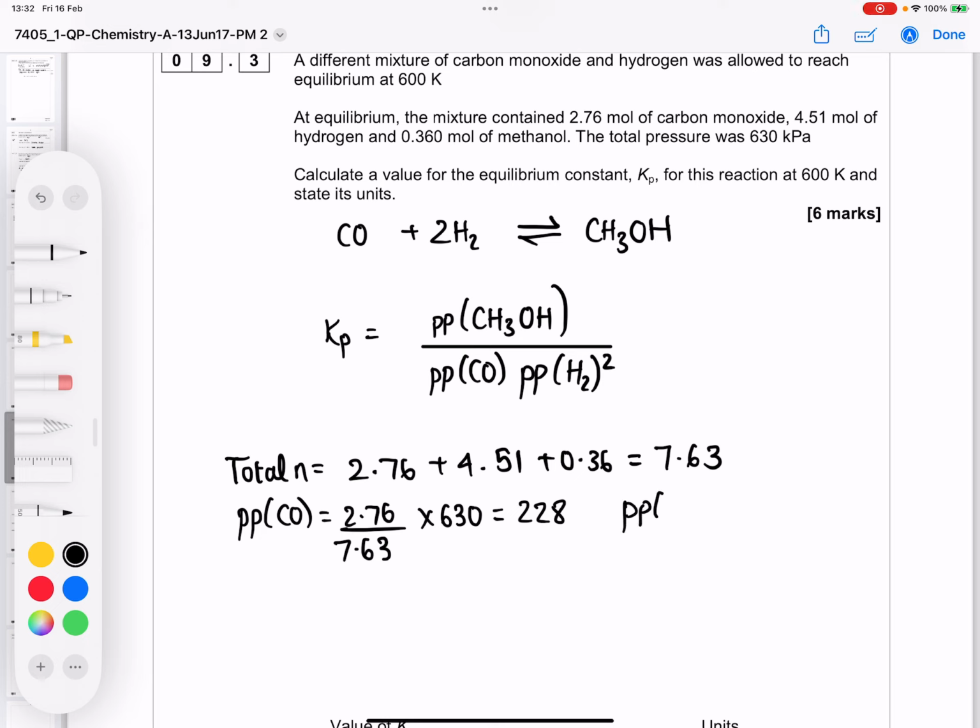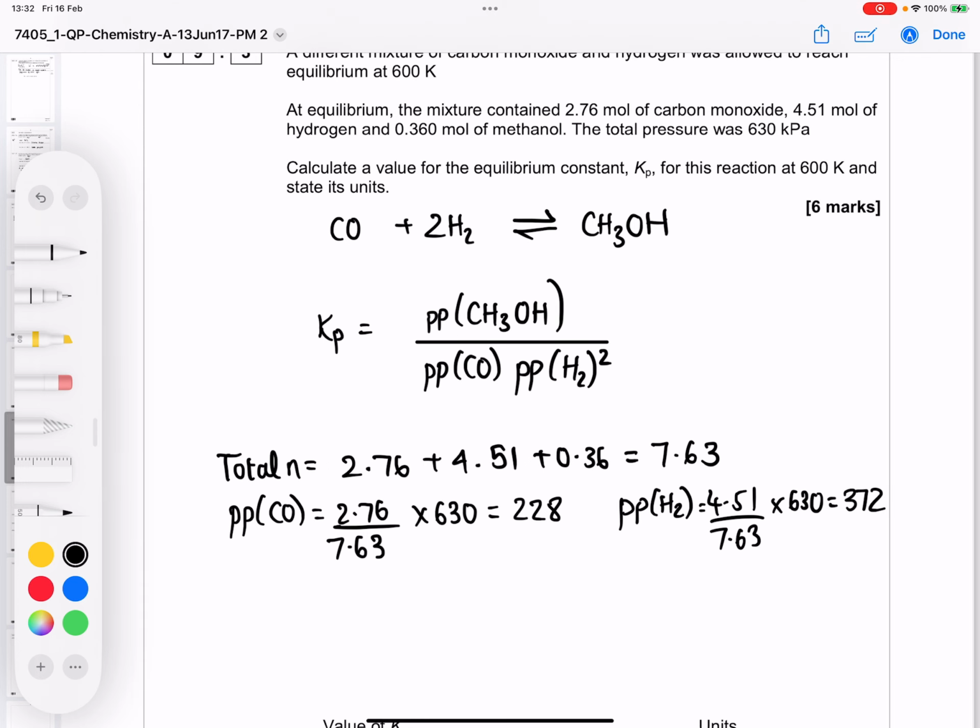We'll repeat that method for the other two. 4.51 over 7.63 times 630. Do that on your calculator. 372. And then the last one, partial pressure of methanol. That was the 0.36 over 7.63 times 630. That's a smaller amount, 29.7.